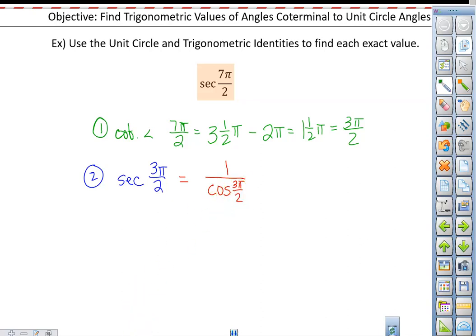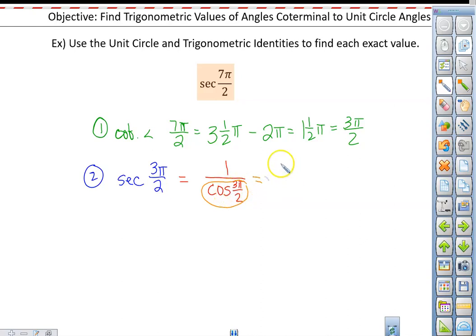Now we need to know, what is the cosine of 3 pi halves radians? 3 pi halves radians is one of our quadrantal angles, meaning that its terminal side is on either part of the x-axis or the y-axis. And the values there are always going to be 1, -1, or 0. So we just got to make sure we get the right situation. The cosine of 3 pi halves, which would be the x-coordinate of this point, would be 0.